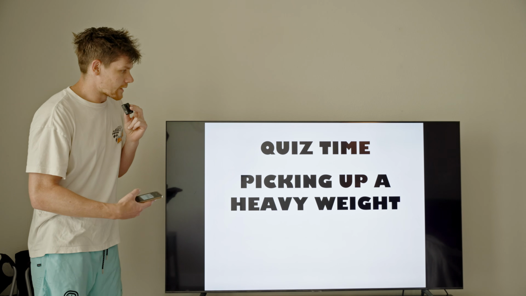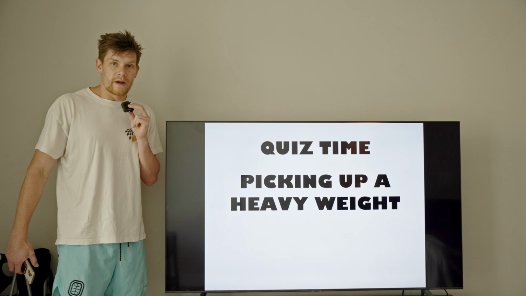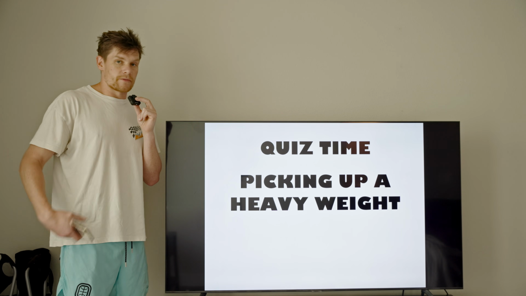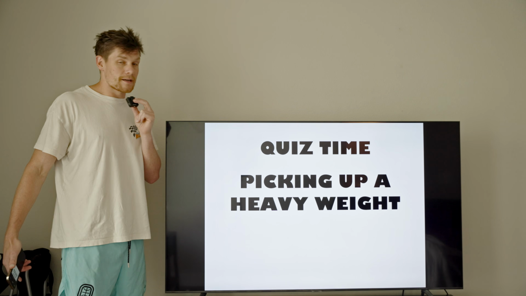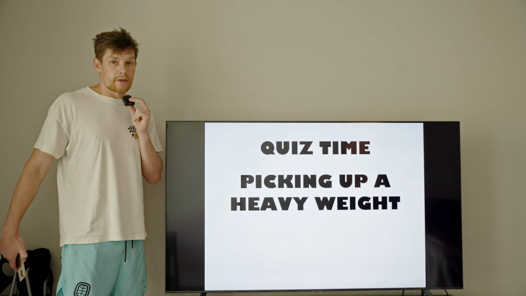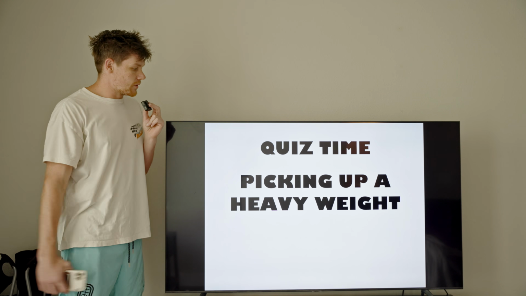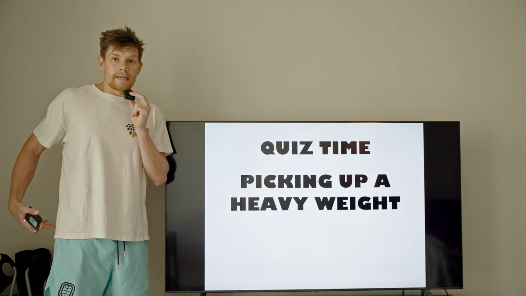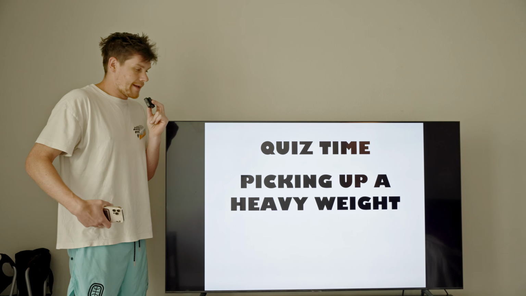All right, last one here, guys. We're going to do picking up a heavy weight, and we're going to look at the hips. So let's look at your glute and your hip flexor. If you are picking up a heavy weight from the ground and standing up with it like a deadlift, and you are looking at the agonist, is it the glute or is it the hip flexor?